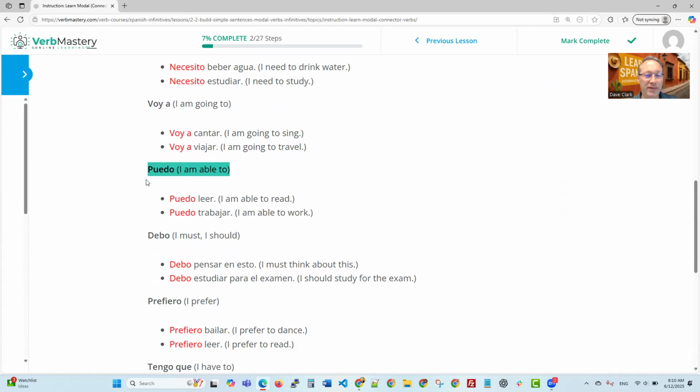The next modal verb or connector verb is puedo. So I am able to. It also means I can. Examples are puedo leer. I am able to read. Puedo trabajar.